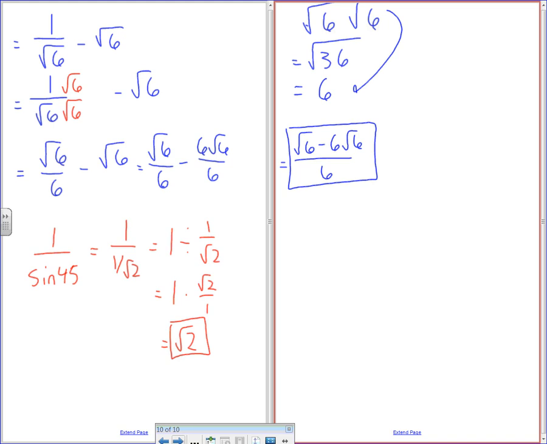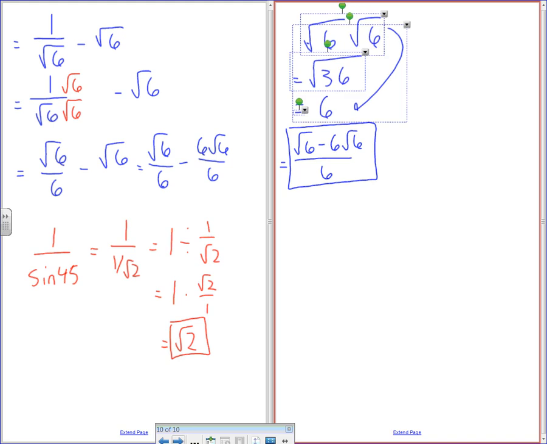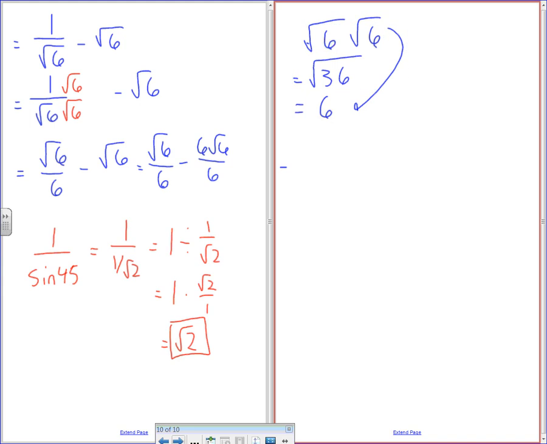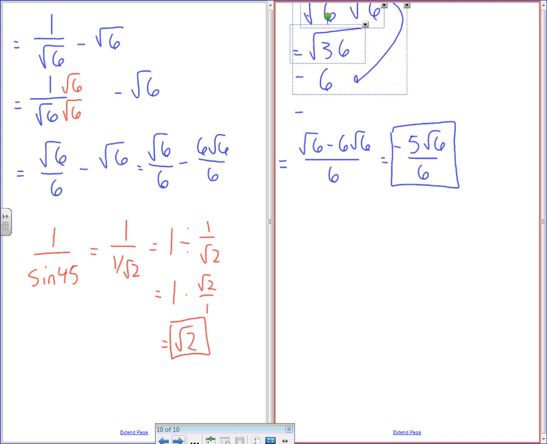Why couldn't you write -5? Think of it this way.